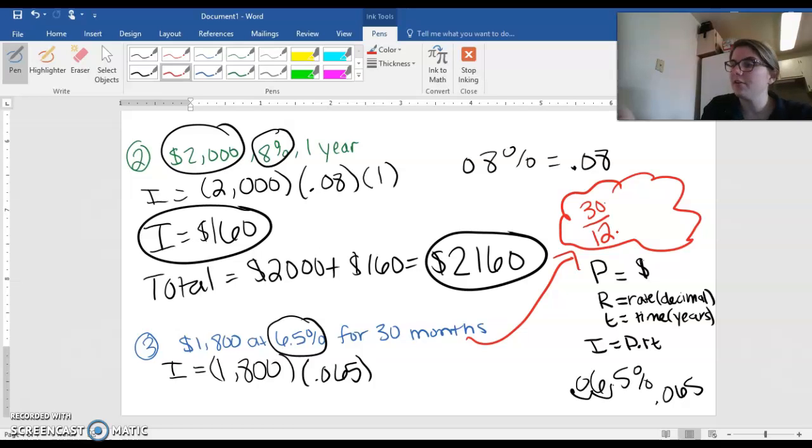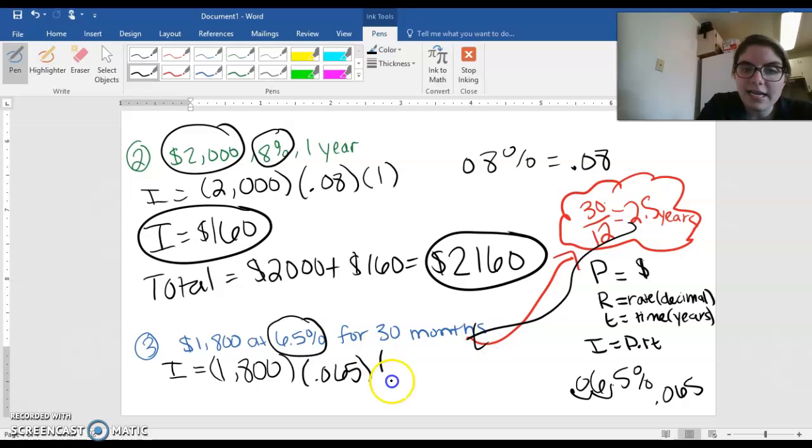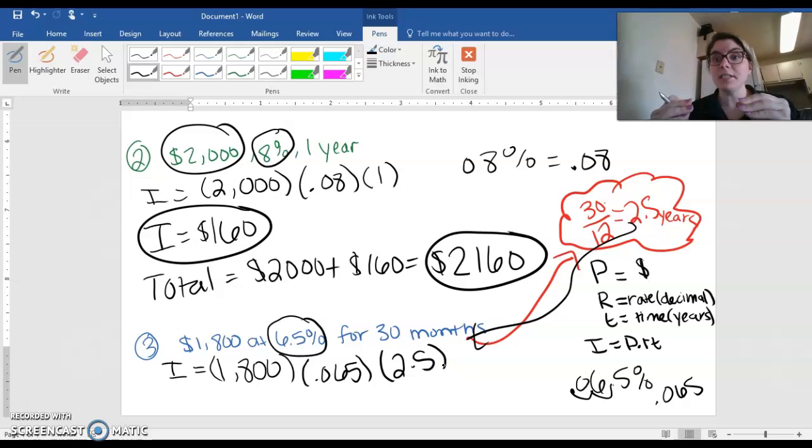So if I take 30 divided by 12, you get 2.5. So 30 months would be 2.5 years. Okay, so I'm going to bring this 2.5 back down here, and I'm going to take this times 2.5 because it has to be in years. It cannot be in months. So if they give it to you in months, you just divide by 12.